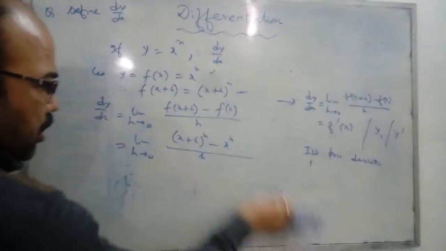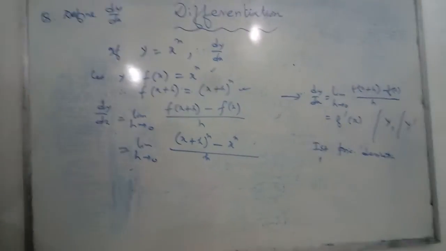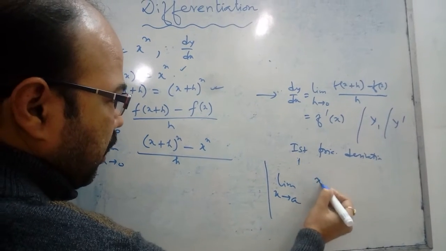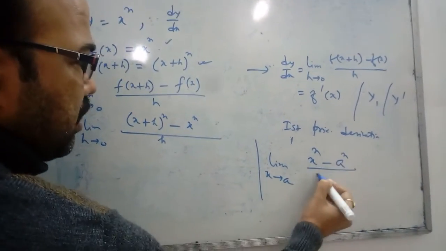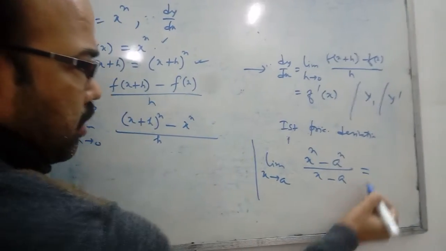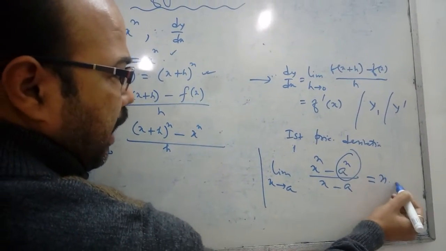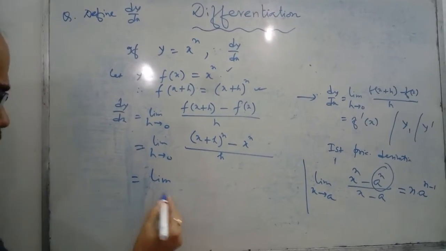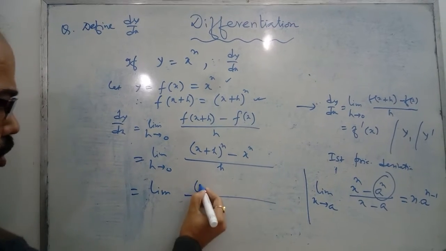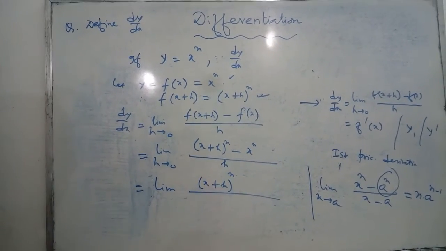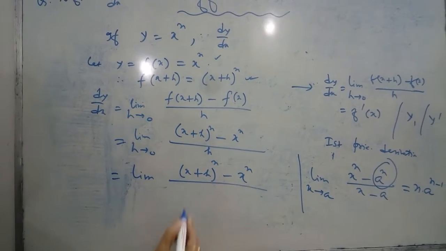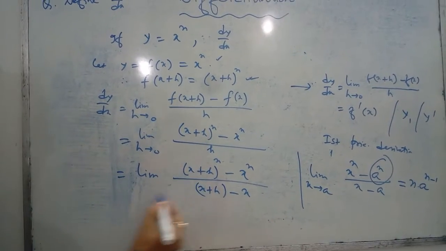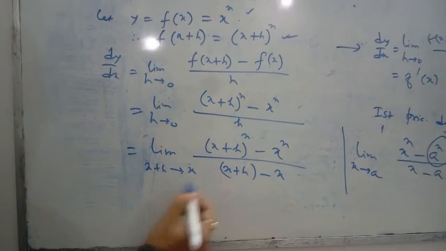From the limit, what is the formula? The limit as x tends to a of x to the power n minus a to the power n, by x minus a, equals n a to the power n minus 1. Let us use the trick here: x plus h whole to the power n minus x to the power n, divided by h. As h tends to 0, x plus h tends to x.